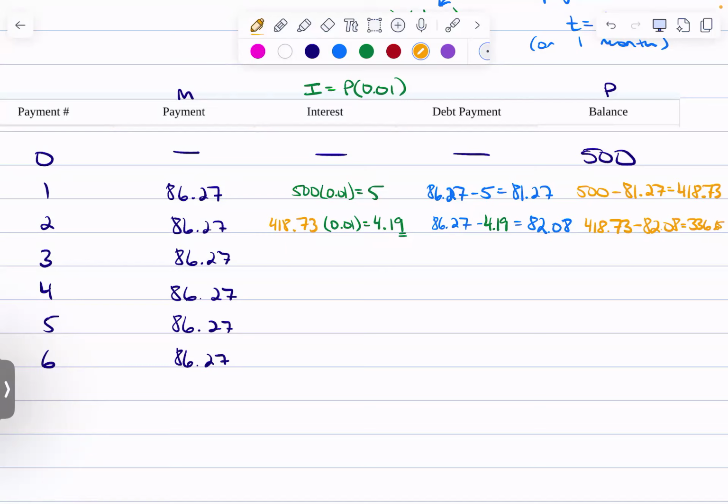Instead of showing all the work, I'm just going to write out what the answer would be, and make sure that you get to the same answer.